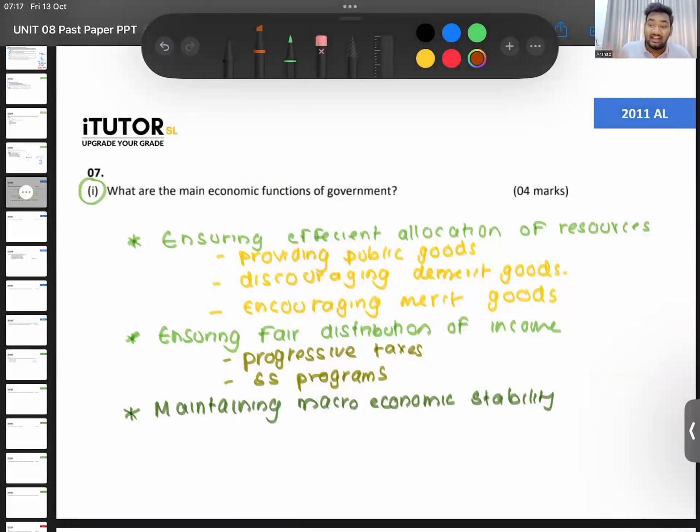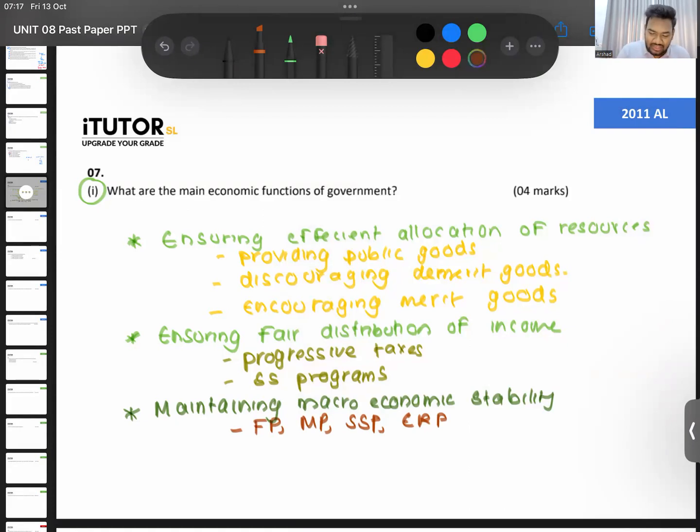Fiscal policy, monetary policy, any supply side policies, exchange rate policies, right? Any policies that they have to maintain this. So I'll just say fiscal policy, FP, monetary policy, supply side policies, maybe even exchange rate policies, which is not very directly there in your syllabus, but all of this they can use. So those are the main three.